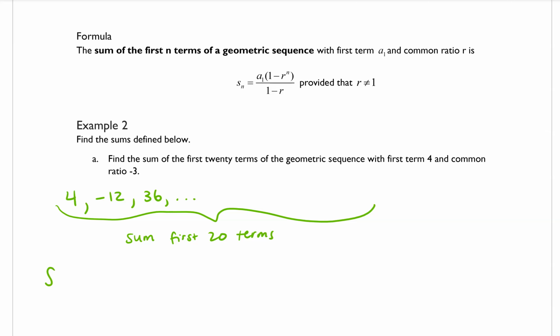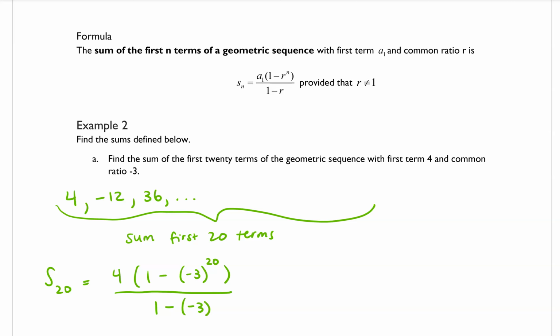So the notation we would use is s sub 20 because we're adding the first 20 terms, and then we can just plug the values into our formula. Our first term a sub 1 is 4, and our common ratio is -3, which we raise to the 20th power because we're finding the sum of the first 20 terms, and the denominator is 1 minus our common ratio.